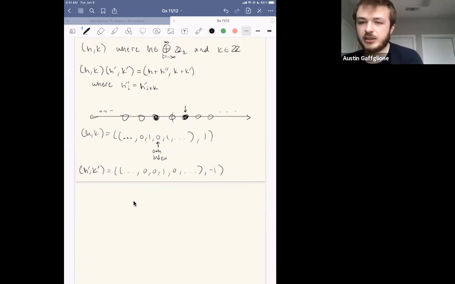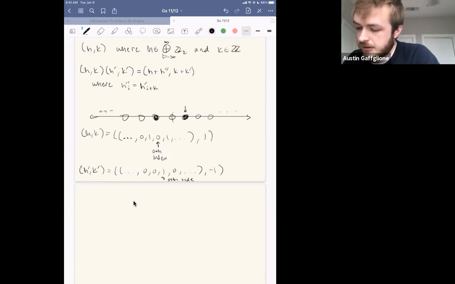So now when I look at h prime, instead of starting at 0, the h prime starts relatively, so it starts at 1. This is going to be the 0th index for h prime. So now the lamplighter starts at 1 for h prime.